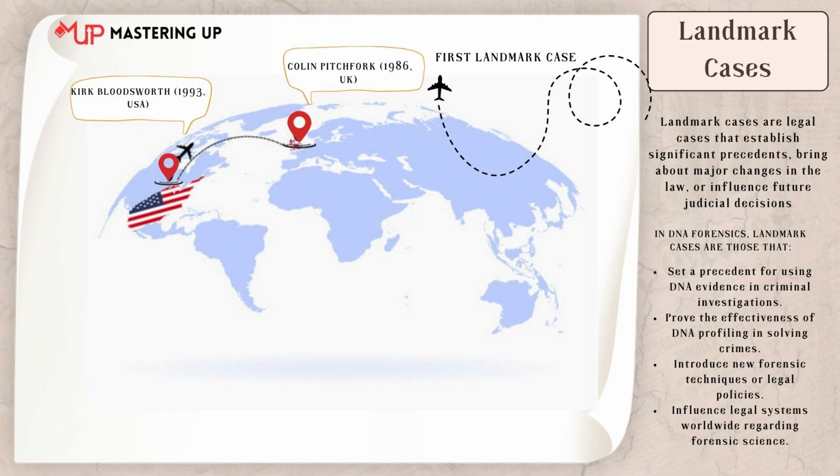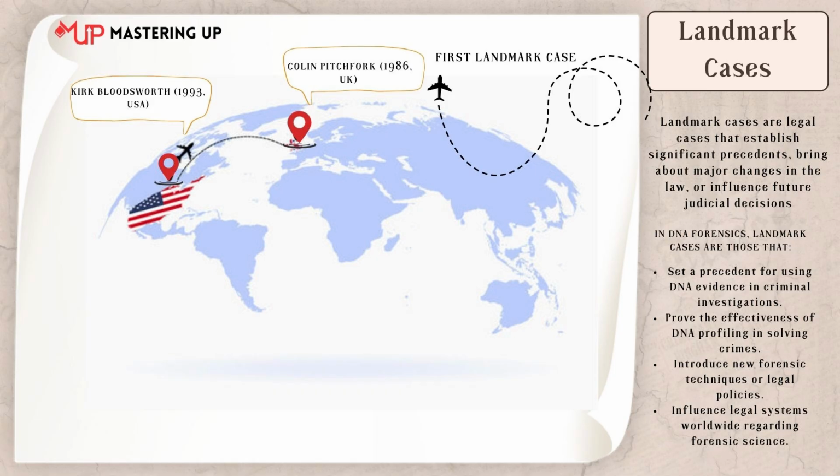In DNA forensics, landmark cases have helped shape how DNA evidence is used in solving crimes. They have set important examples for courts, proving that DNA profiling is a powerful tool for finding the truth and delivering justice. These cases have also introduced new forensic methods and legal policies, making DNA testing more reliable.